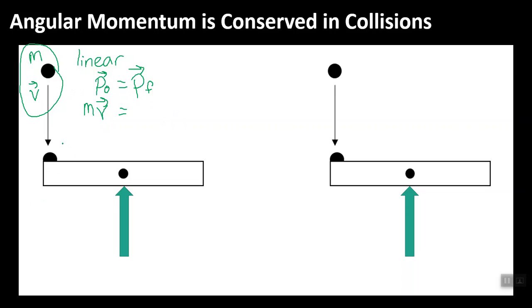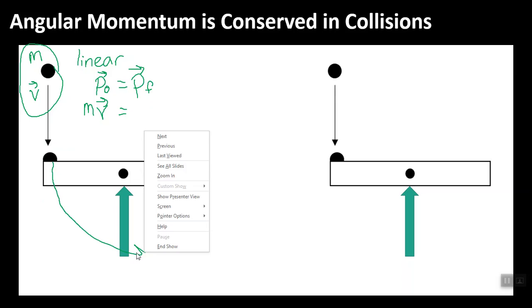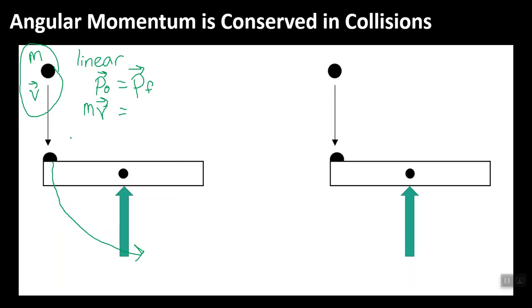Now, at the end, this ball mass system is going to begin to rotate angularly, right? It's going to hit, and then this thing is going to spin. Notice this ball no longer has linear momentum. It now has angular momentum. All of the linear momentum has been removed. So the final momentum is 0.